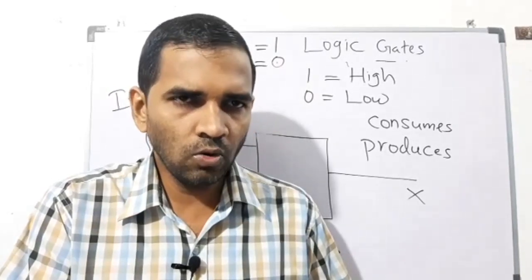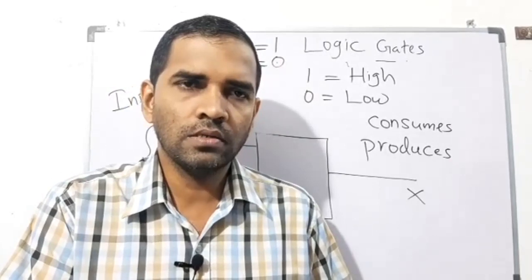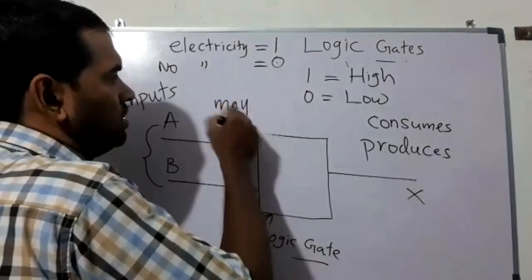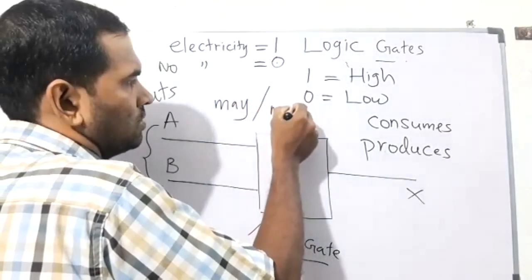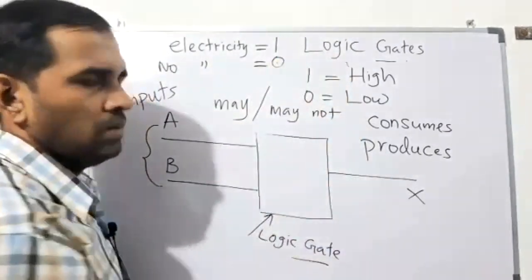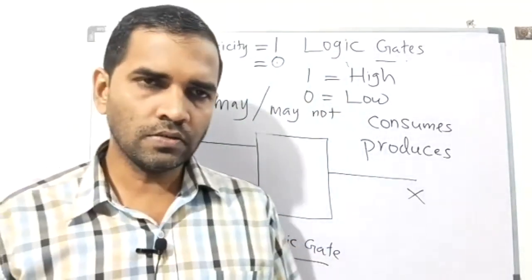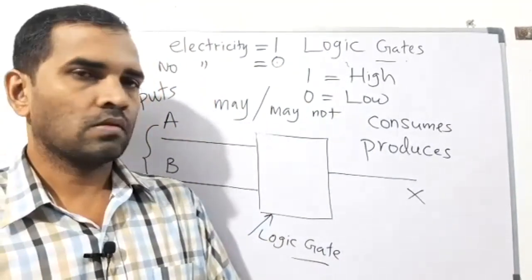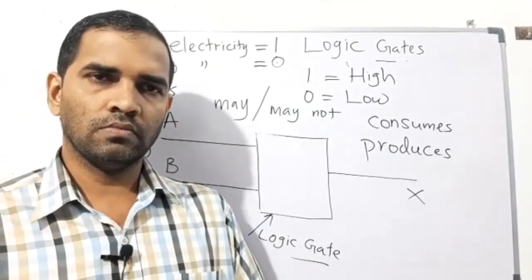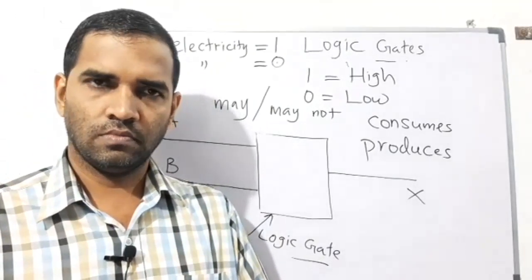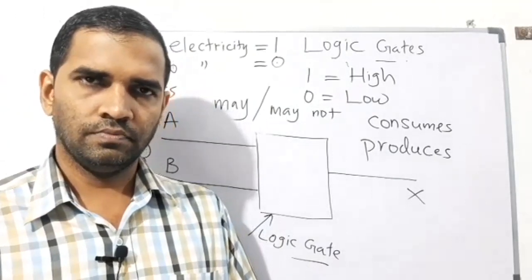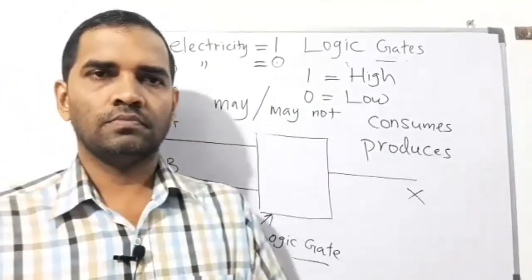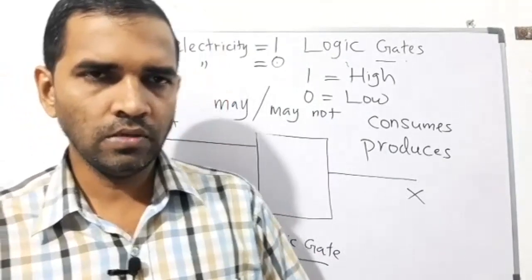The inputs and the output of a logic gate may or may not have electricity. Okay, next point, third point.